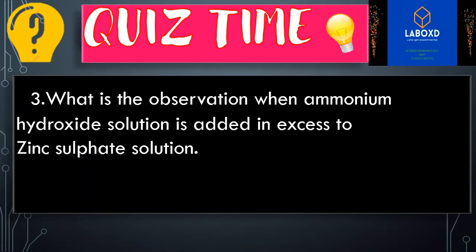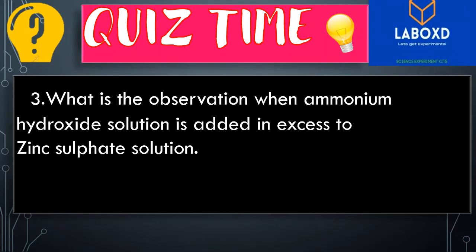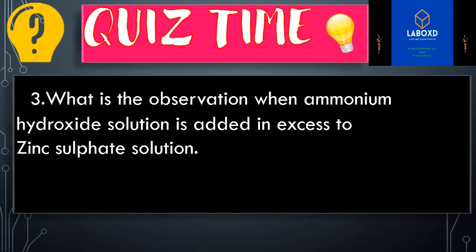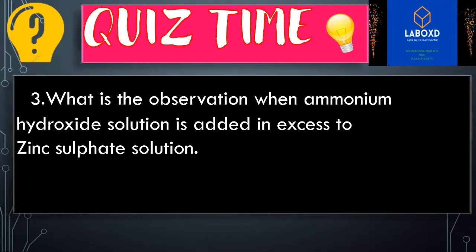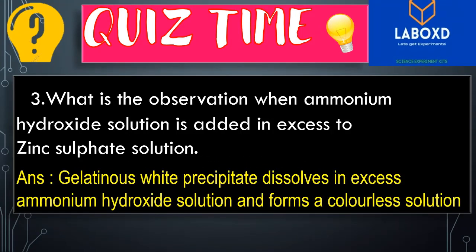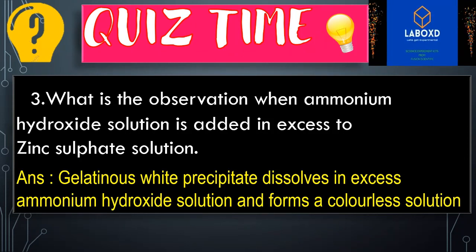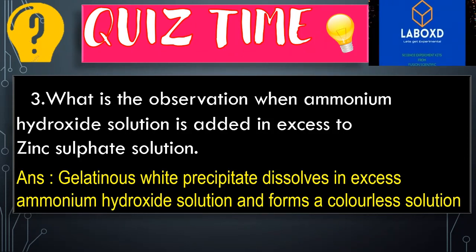Now, third question is: what is the observation when ammonium hydroxide solution is added in excess to zinc sulfate solution? The answer is gelatinous white precipitate dissolves in excess ammonium hydroxide solution and forms a colorless solution.